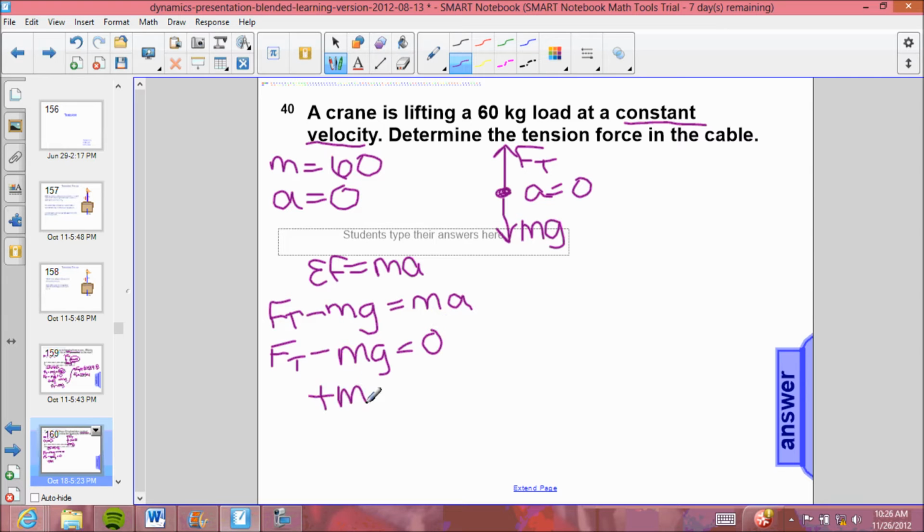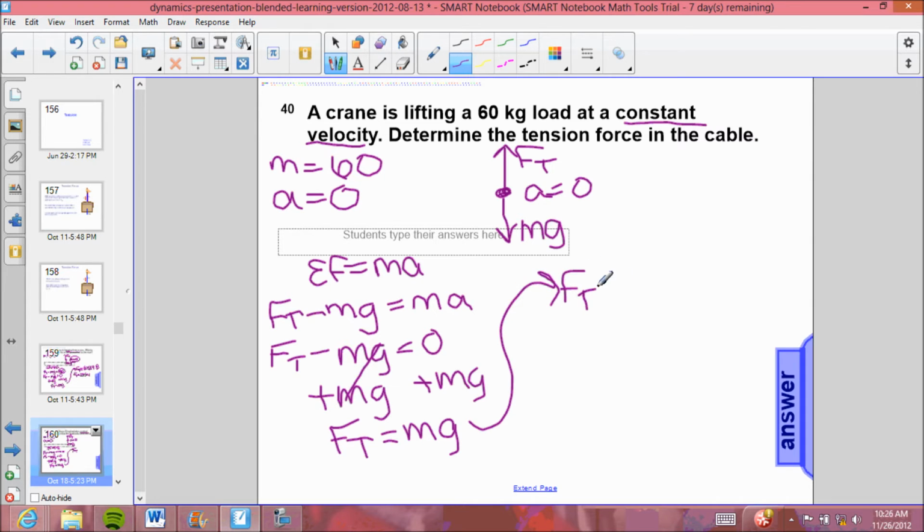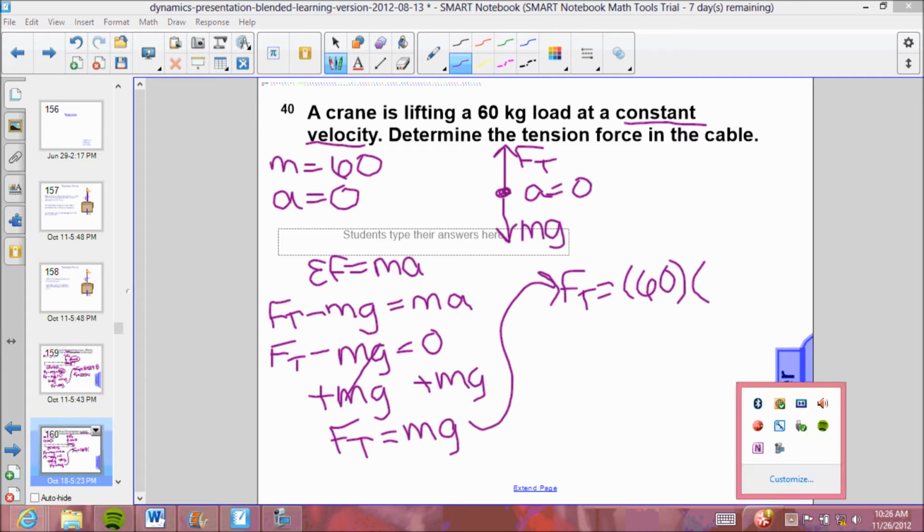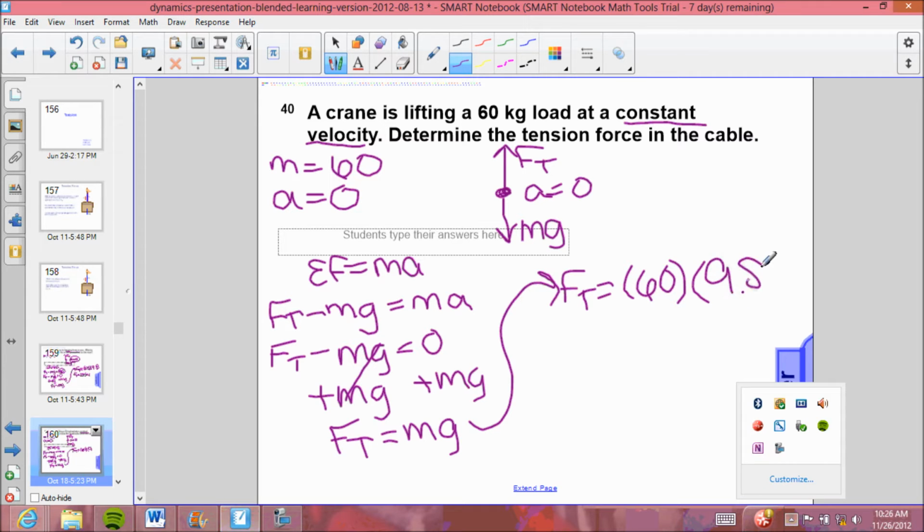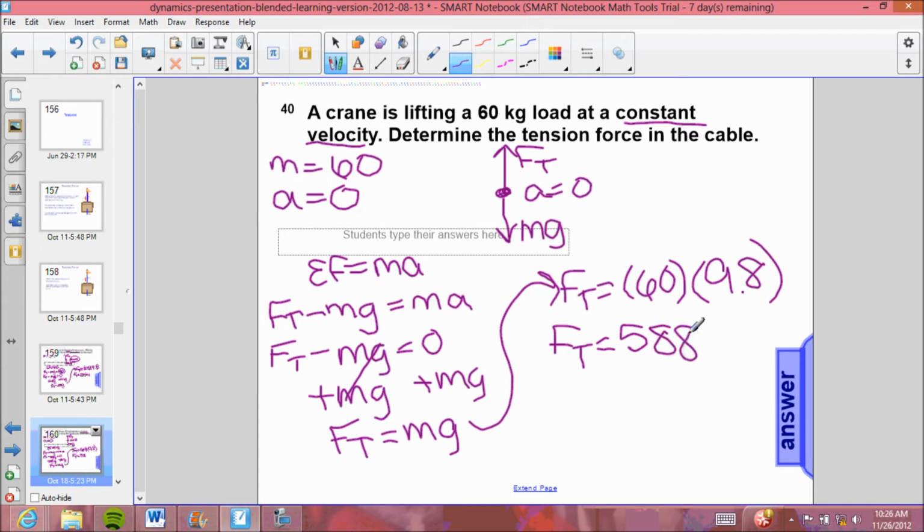And to get our Ft by itself, just like the last problem, we add mg to both sides, and you've got Ft equals mg. Now you just have to plug your numbers in. So Ft equals 60 times 9.8, which is going to give us 588 newtons.